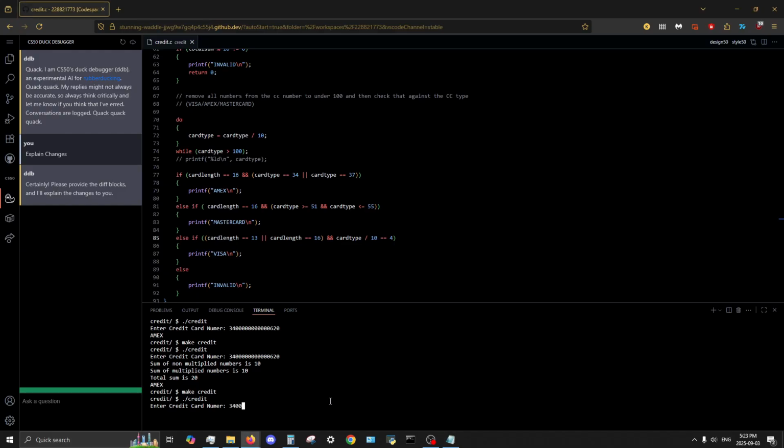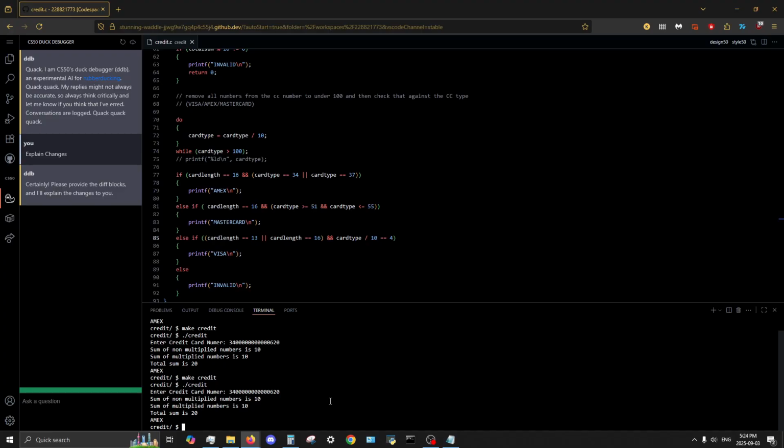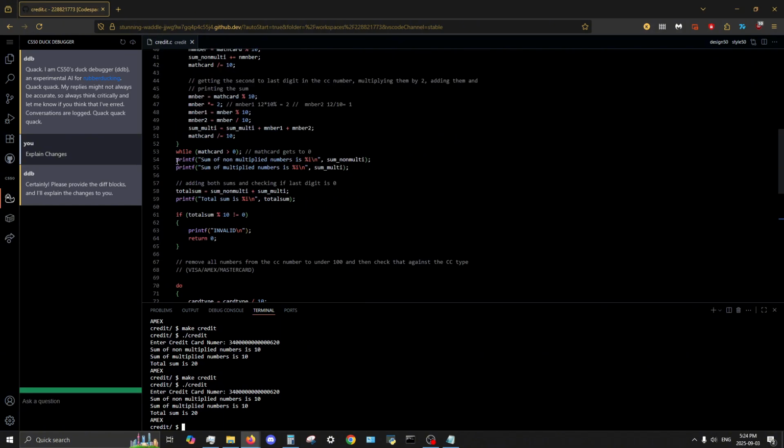3, 4, 0, 0, 0, 0, 0, 0, 0, 6. Where's that thing? Oh, did I close it? So expected output invalid, except Amex. So we don't need those prints anymore, so it wasn't this.